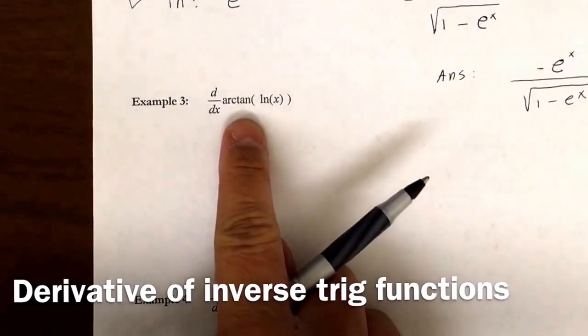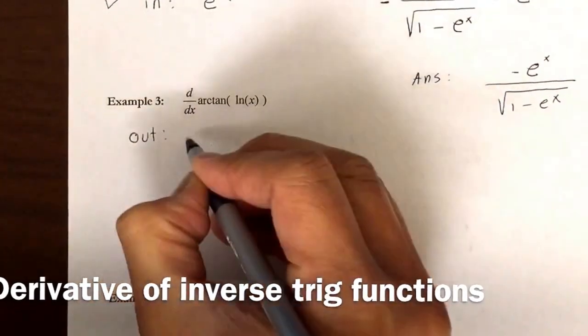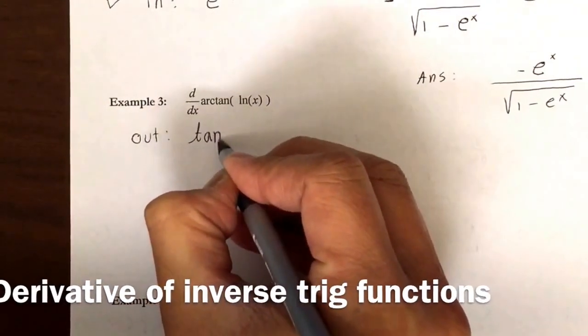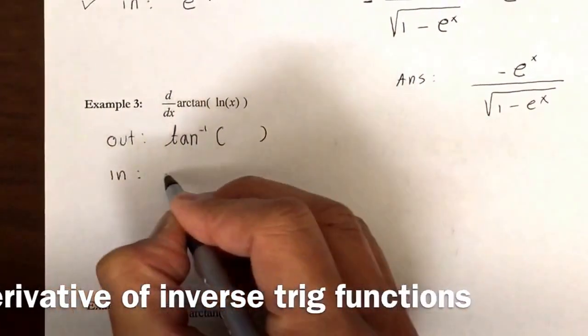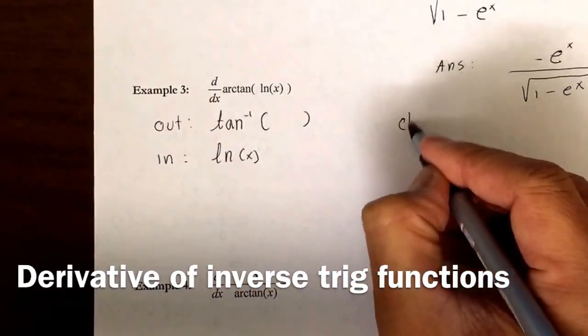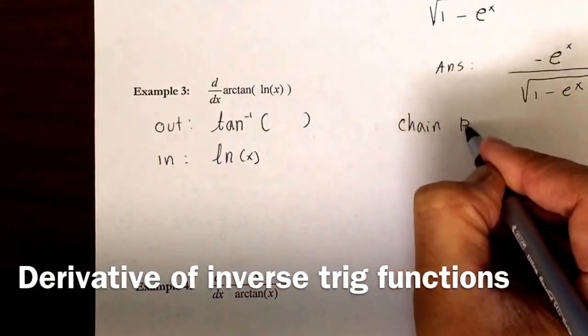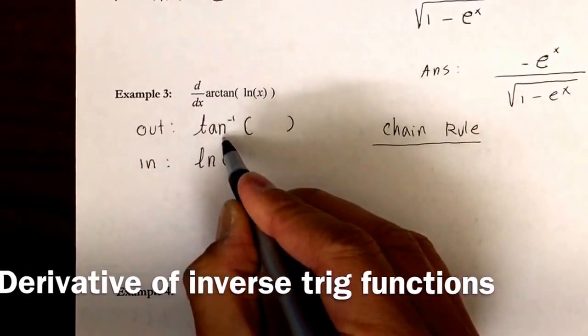Here's another one, arctangent. Okay, outside function is tangent inverse. Okay, the inside function is the function ln of x. So we apply the chain rule because there's an outside and there's an inside. Start with the outside function.